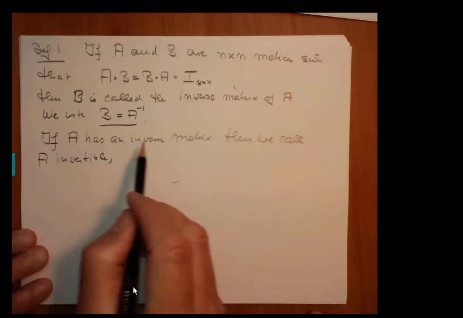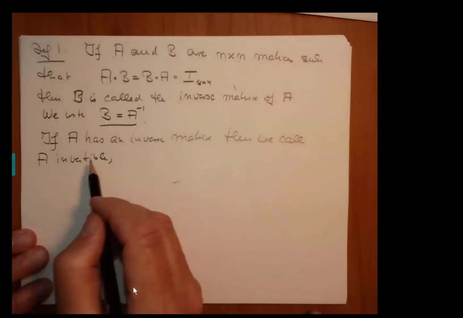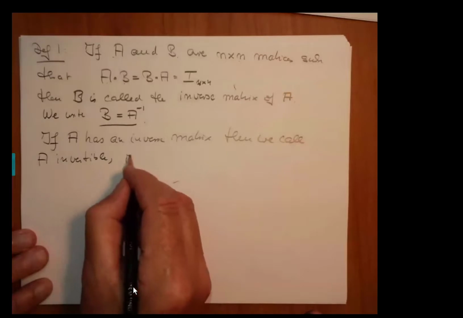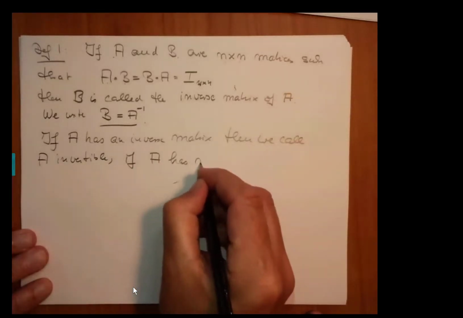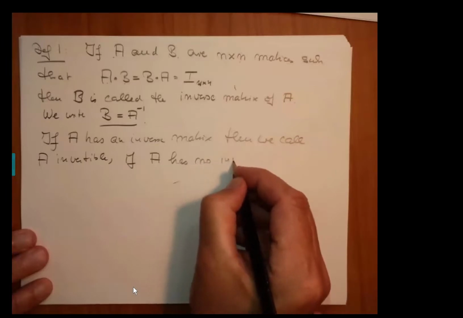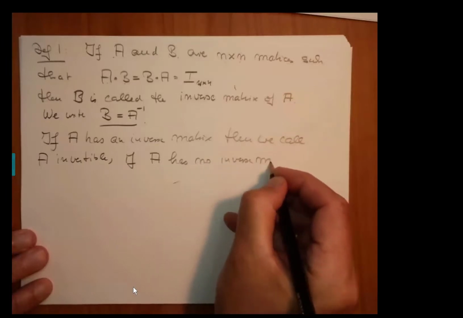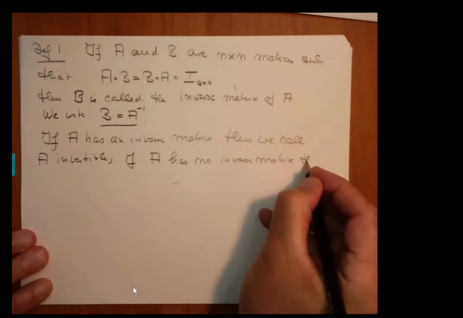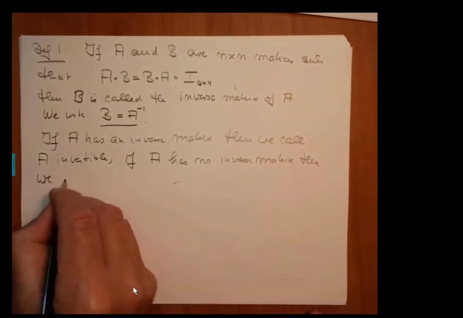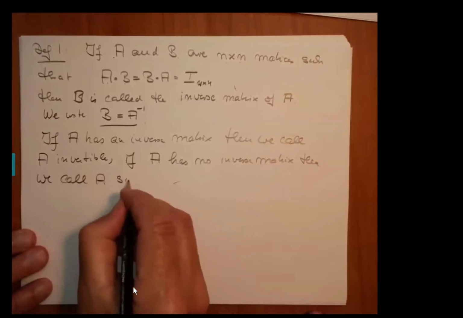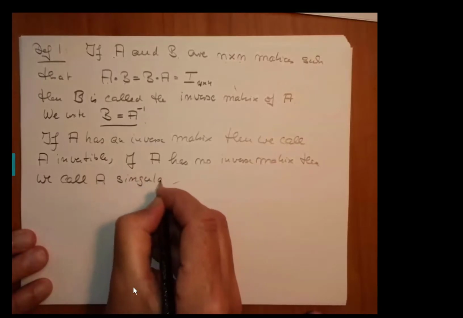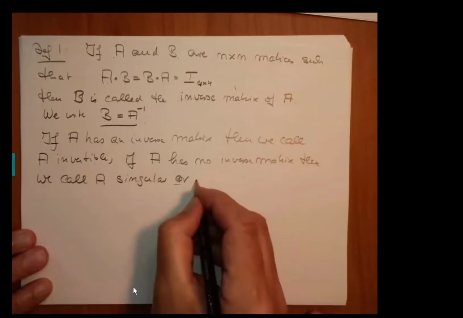Okay, so if A has an inverse matrix, then we call A invertible. If A has no inverse matrix, then we call A singular or non-invertible.